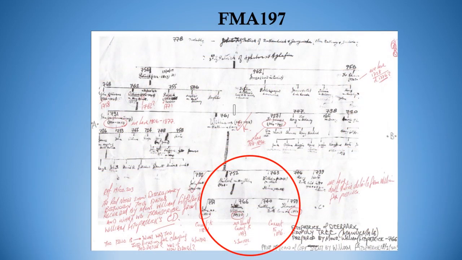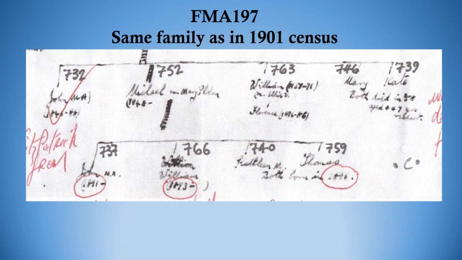We see the family tree, but it's a little too small to see clearly, so we enlarge it. Now we can see Kathleen Fitzpatrick and brother Thomas with the notation below, both born in 1896. So we're confident that this is the same family as shown in the 1901 census.